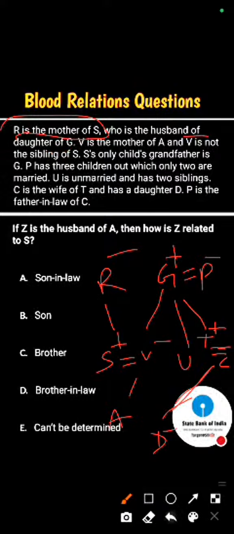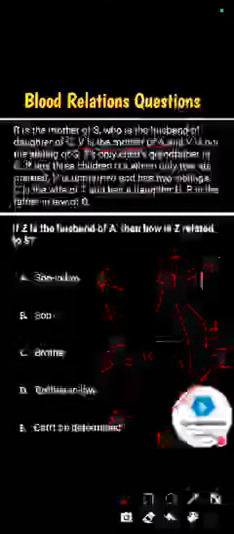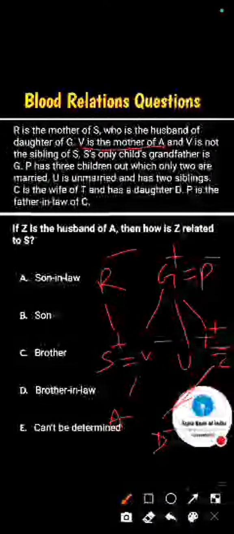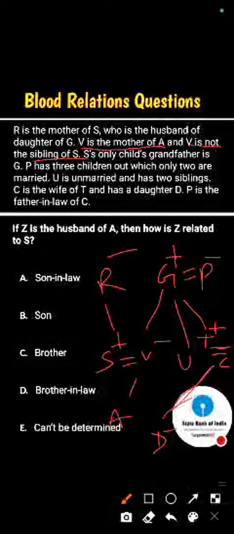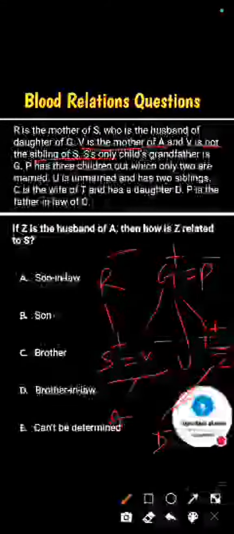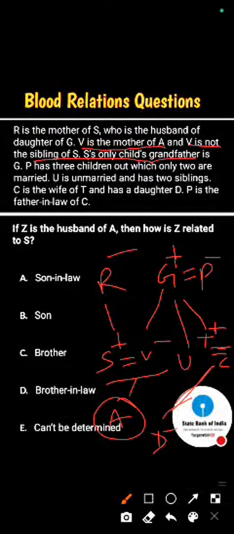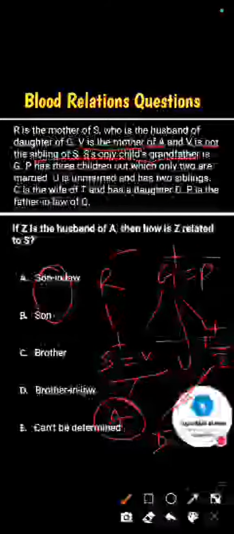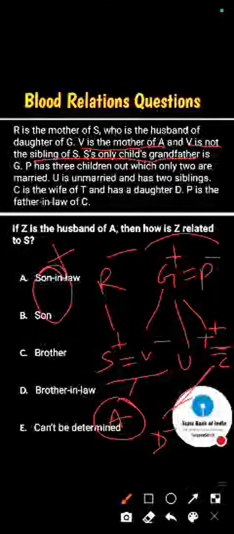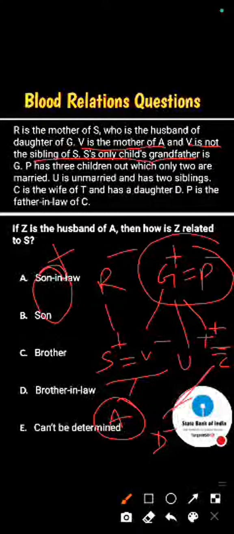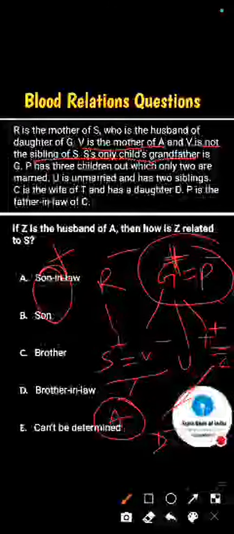The next statement says that V is the mother of A. Okay, it is also fine. And V is not the sibling of S. So we are taking them as married. S's only child means A. Grandfather: either here a male person or here, talking about a male person, and it says that is G. So G is male according to this point.